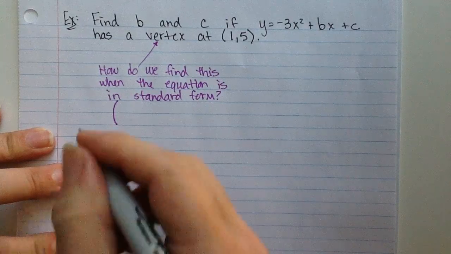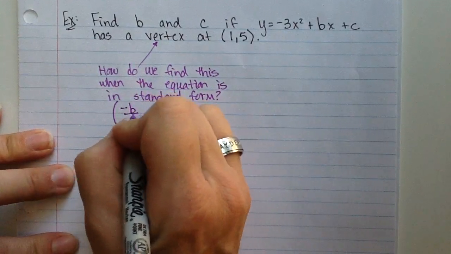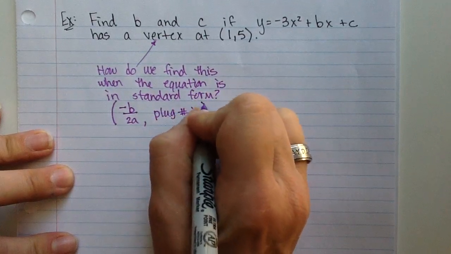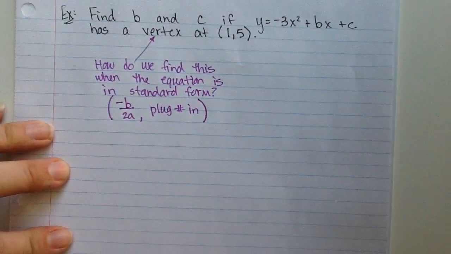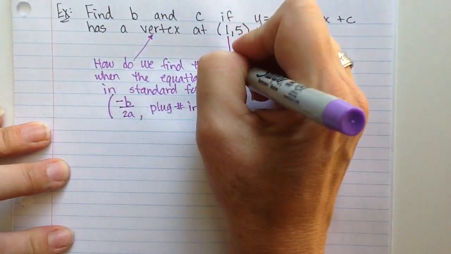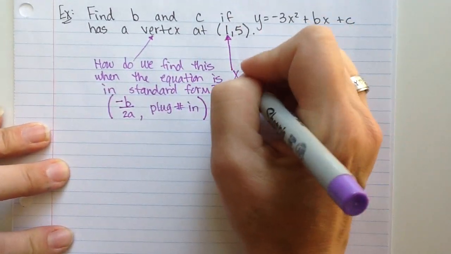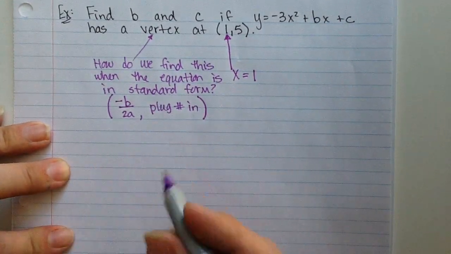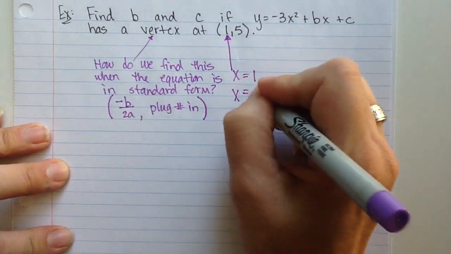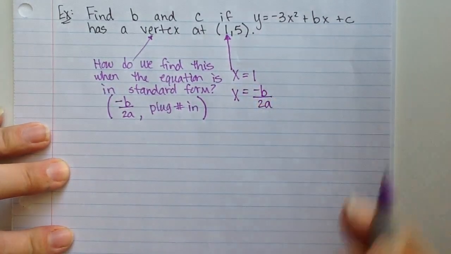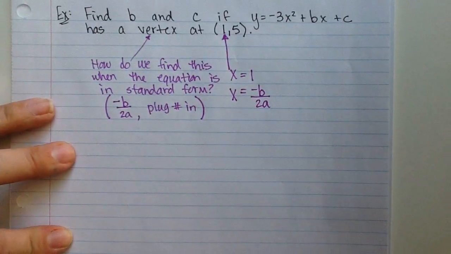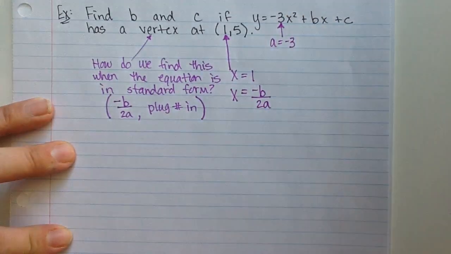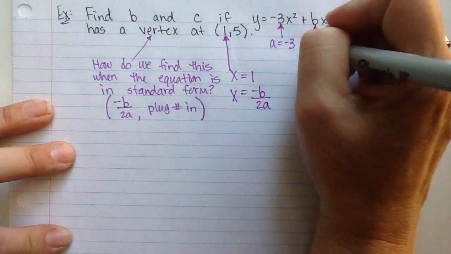Remember, in standard form, we find the vertex by doing opposite b divided by 2a, and then we plug the number in. Well, they've given us that x equals 1 in our vertex. And I know to find the vertex in standard form, I do x equals opposite b divided by 2a. Well, I also happen to know what a is, but I don't know what b is.